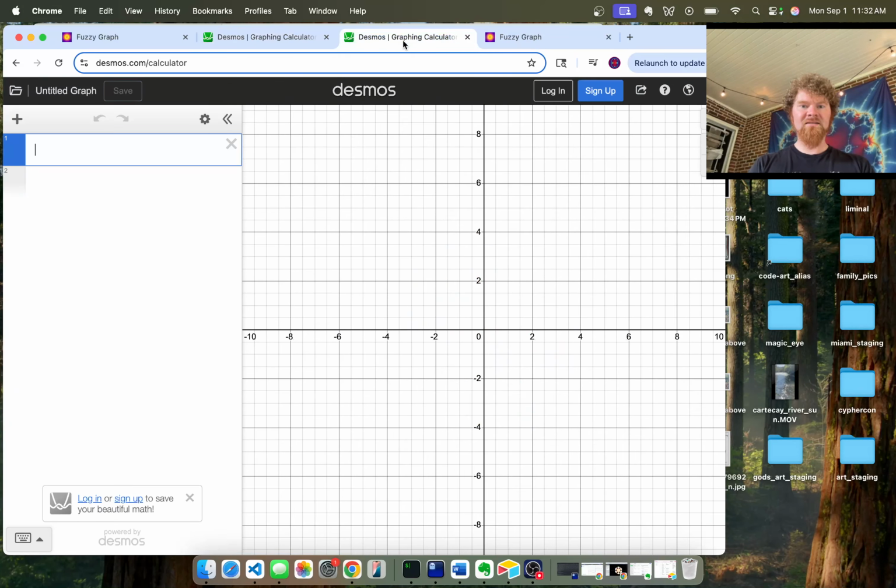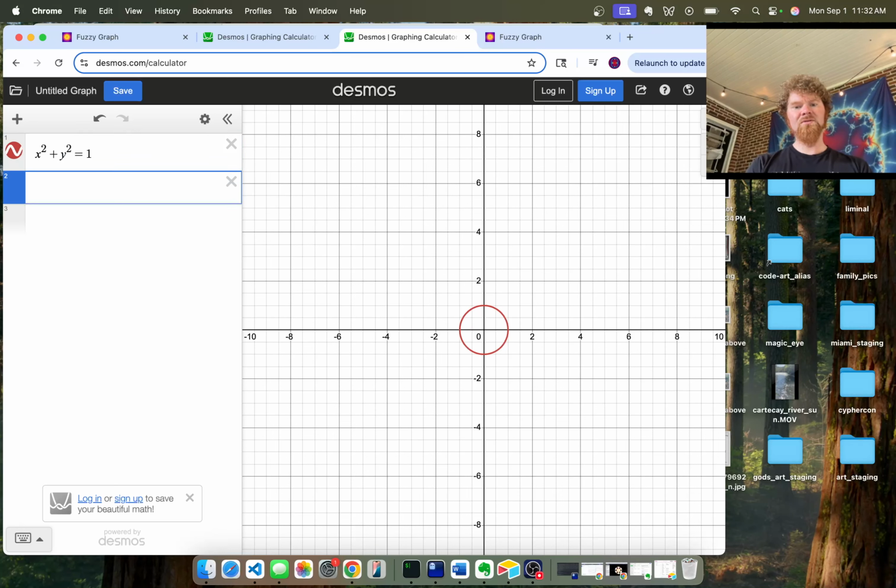Now, just a note, let's prototype this in Desmos just to show what the 7 circles are. So x squared plus y squared equals 1. That's one of them. In Desmos, you can do separate equations, which currently I don't allow in FuzzyGraph, but we'll do something like that soon.